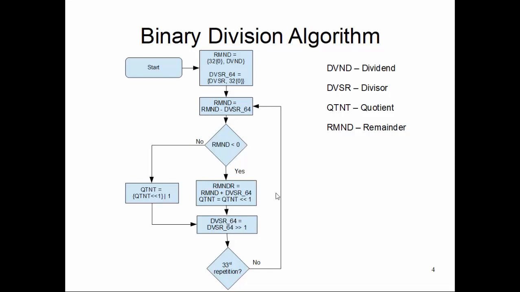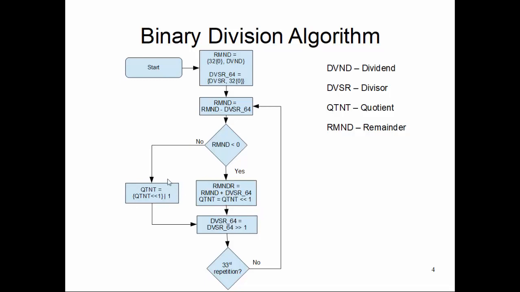Whereas your data path needs to have two 64-bit registers, one for the remainder and one for the divisor. You need to have a 64-bit subtractor for the main operation, and you have to have a 64-bit adder for the rollback. We all know addition and subtraction use the same circuit, so we just deploy one adder-subtractor circuit in this case, but it has to be 64-bit.